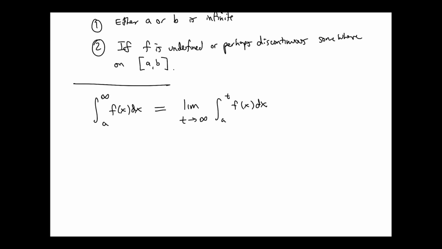Now, this limit may or may not exist. It depends on the function, depends on the numbers, all of that. So if the limit exists, then it means it's a number of some sort.